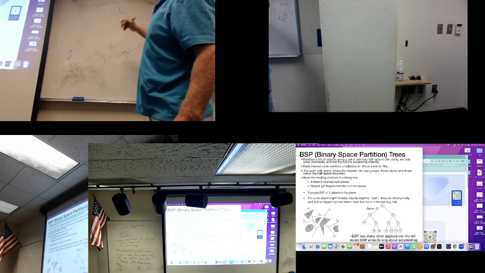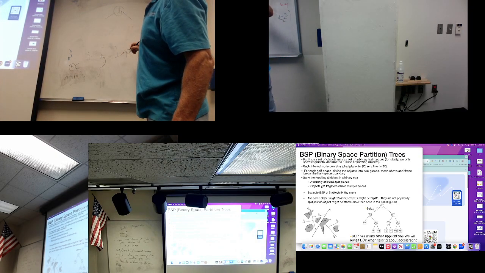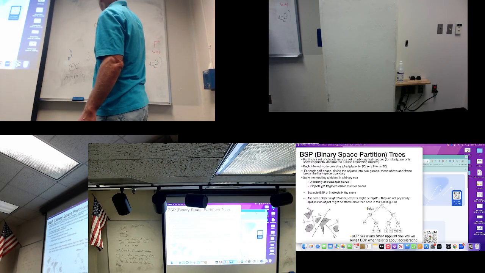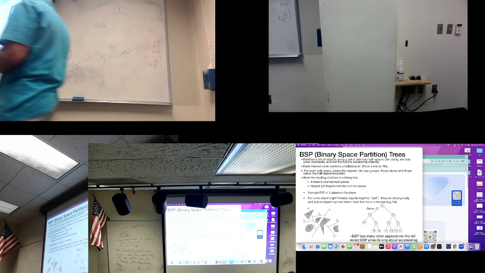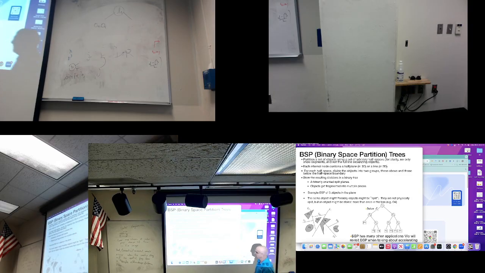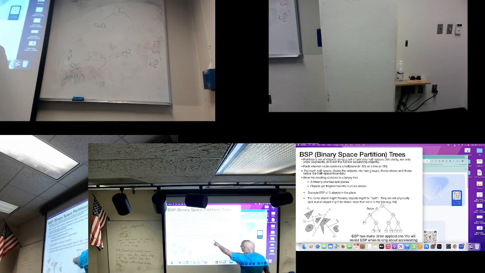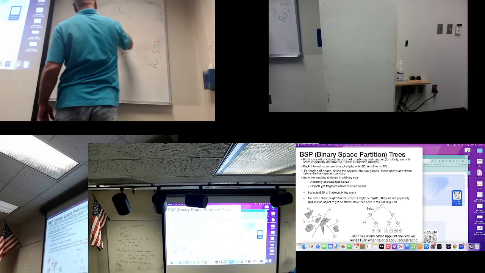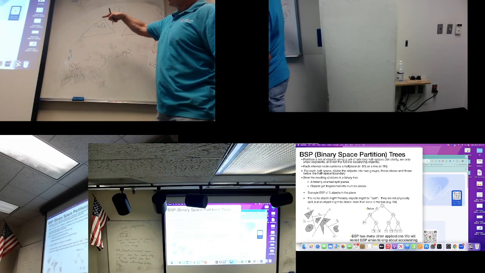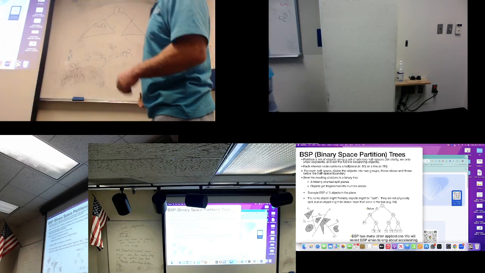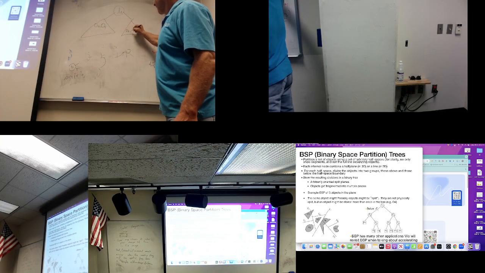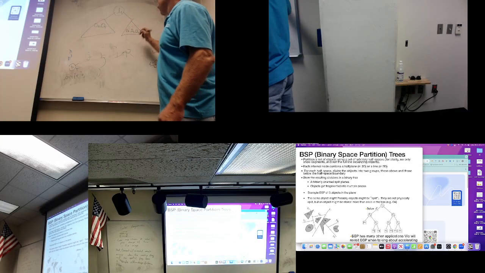So in particular, in this example, if I think about O4 and O5, these two objects are both below. So I'll store them in the left subtree. And in the right subtree, I'll store everything that is above this line, which would be O1, O2, and O3.